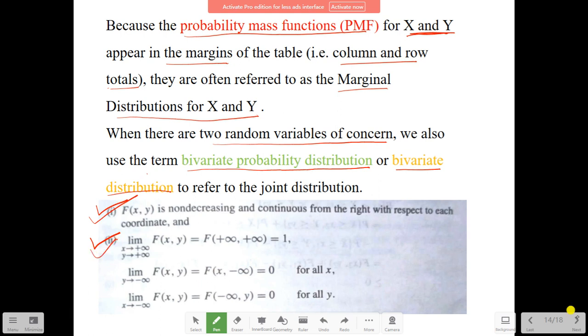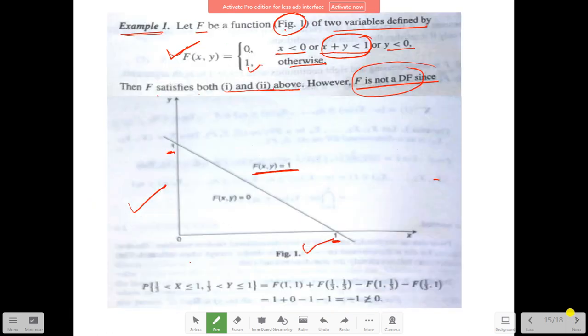So when F satisfies both the conditions, we check whether the function F is a distribution function or not.